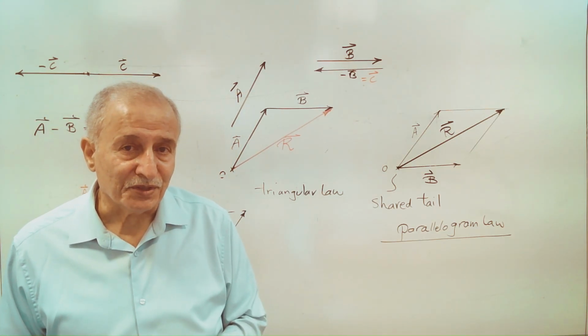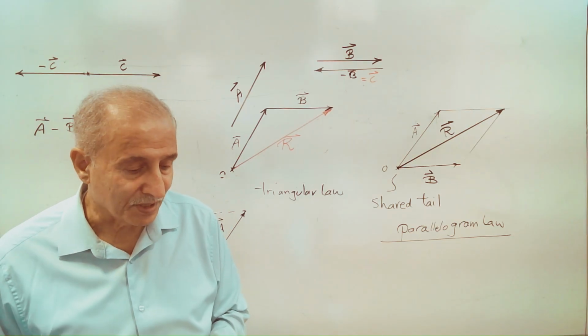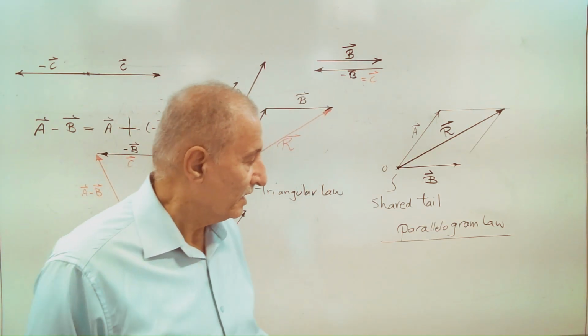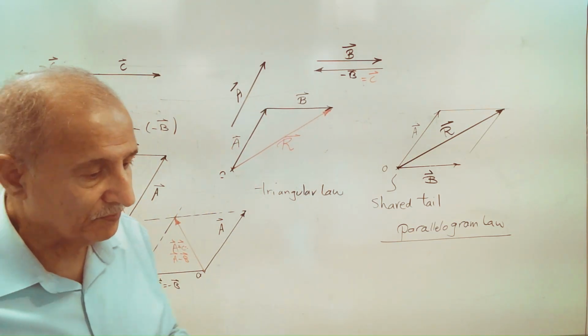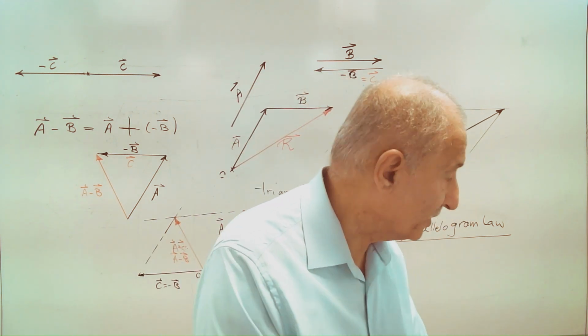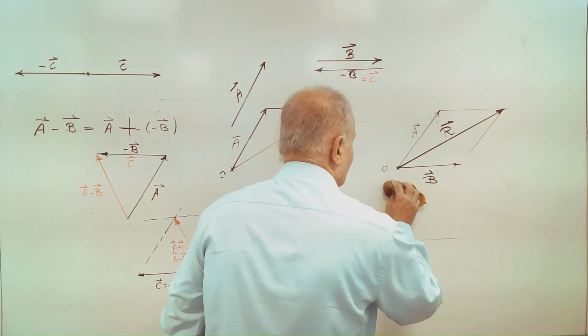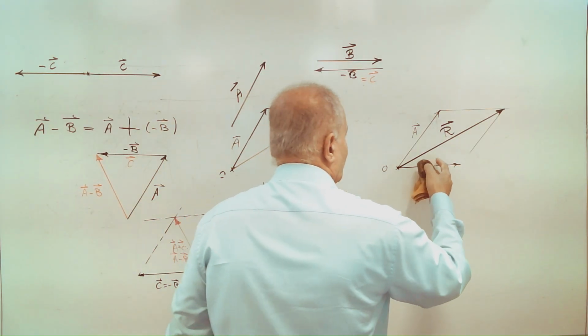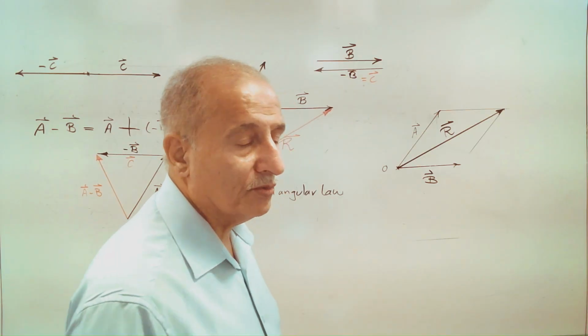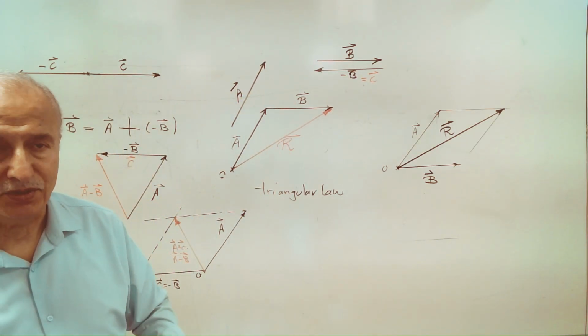And we have here the resultant of two vectors. And there is another definition here. When we have the resultant vector R, these two vectors are called components of this vector.